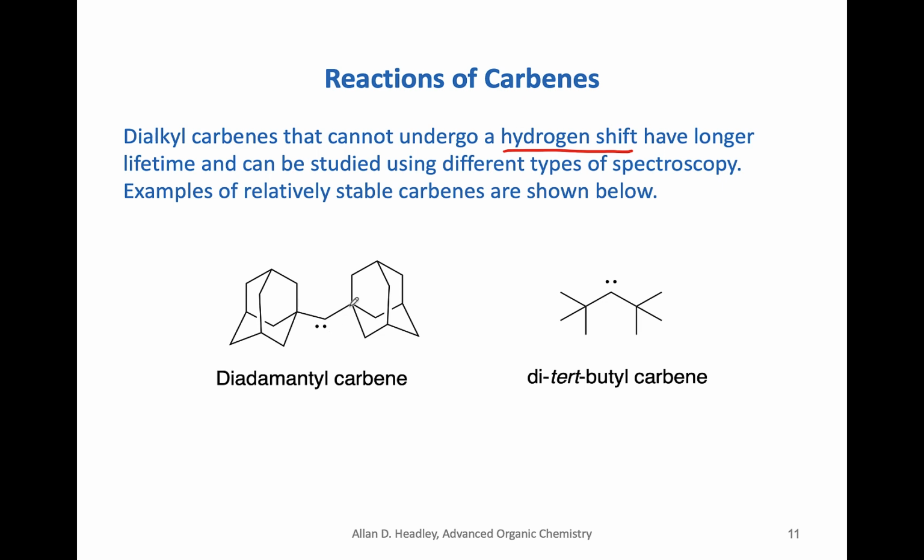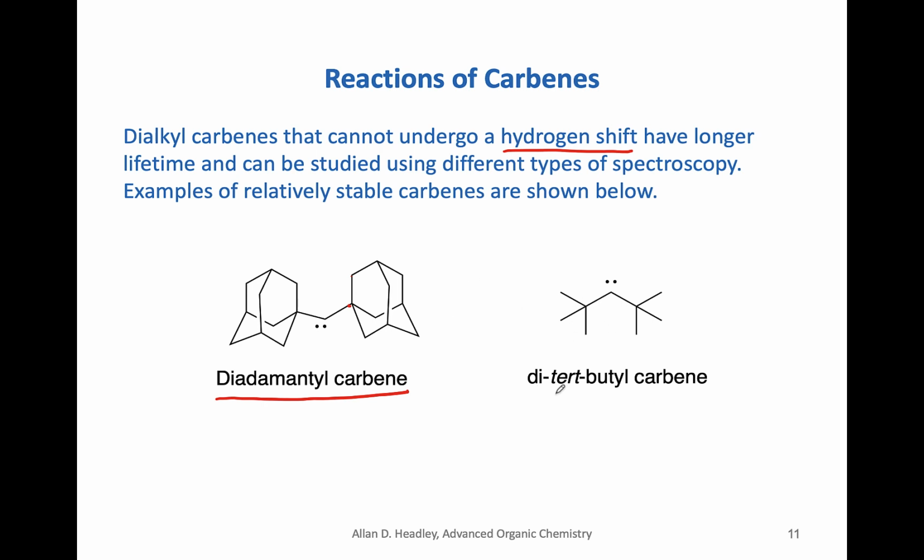As you can imagine, there's no hydrogen here, and the hydrogens that are on this carbene are very much removed, and the geometry cannot be aligned for that migration. So this is the adamantane, adamantyl carbene, fairly stable, no migration, and it's been studied by different types of spectroscopy.